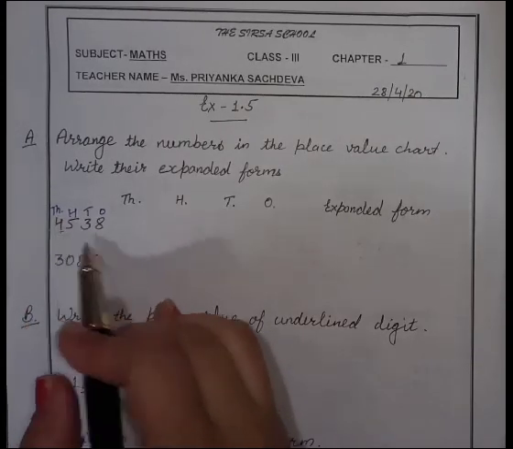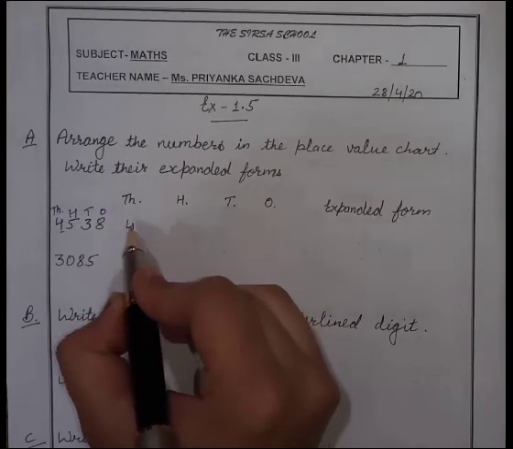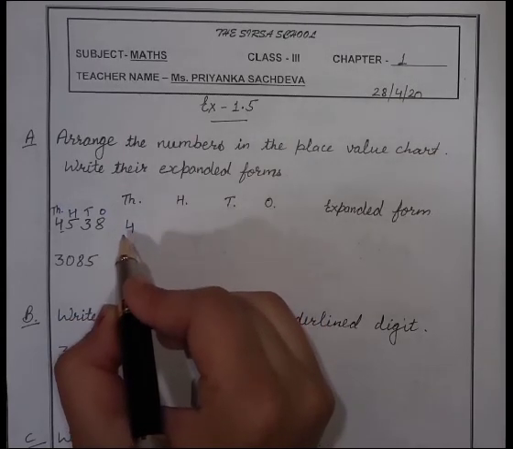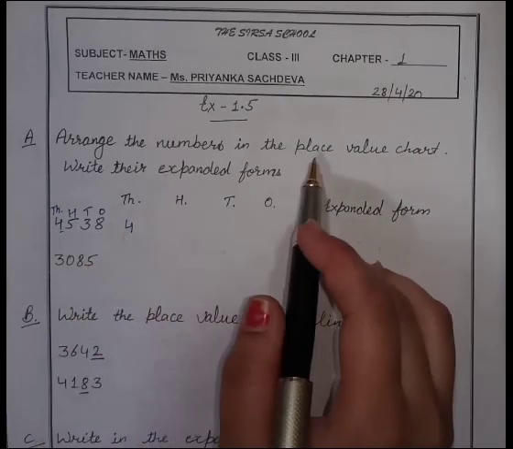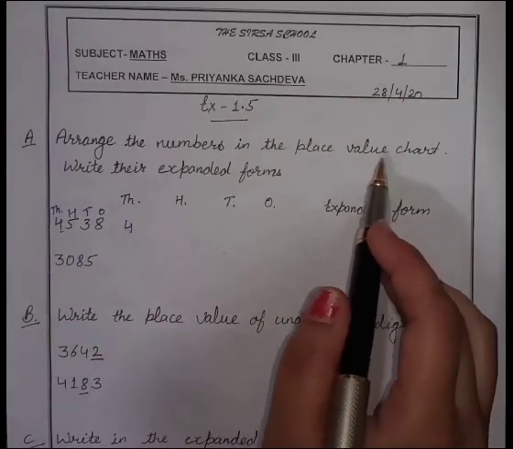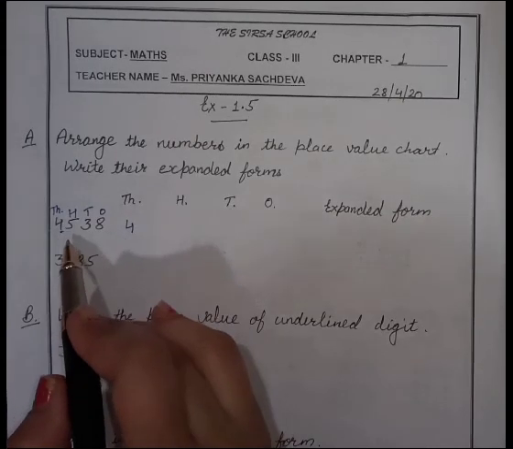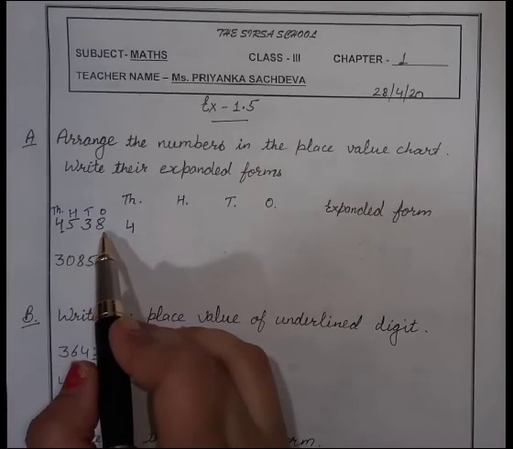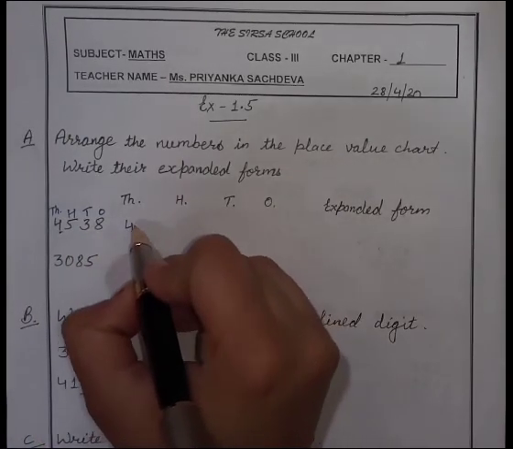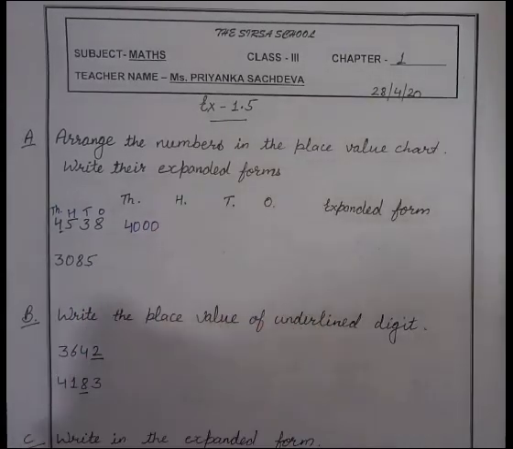On the thousand place we have 4, so we will write 4 on the thousand place. But don't forget, we have to write the place value. So on the thousand place 4, count the number of digits after 4. 1 2 3, 3 digits are there, so 3 zeros will come with 4.